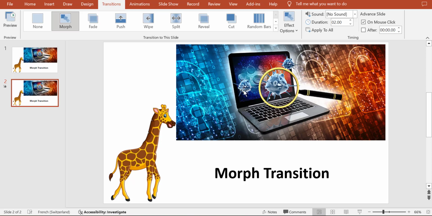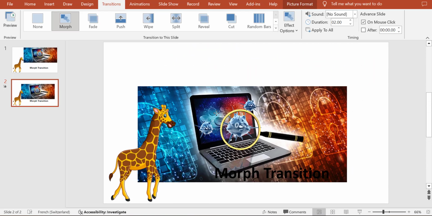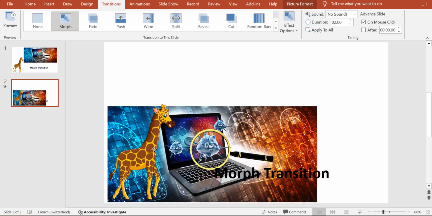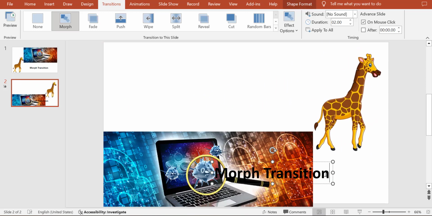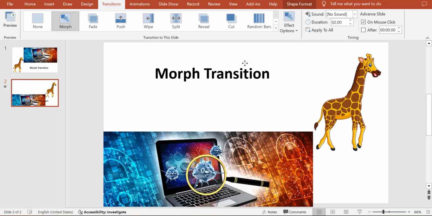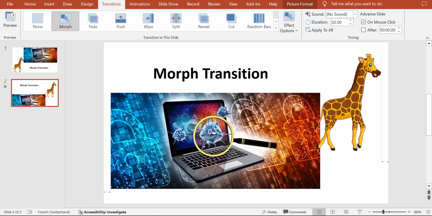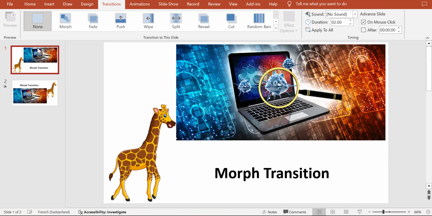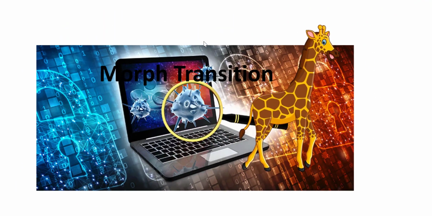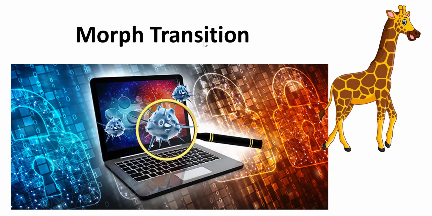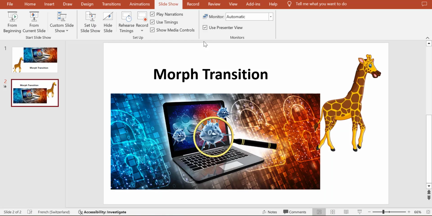So I'll just have to move this to where I want it to be. I can move this one here, this one here, and then this text here, I'll take it up here. Good. All right. So now let's see how it goes. Good. So this is just how we can actually move about with our morph transition in PowerPoint.